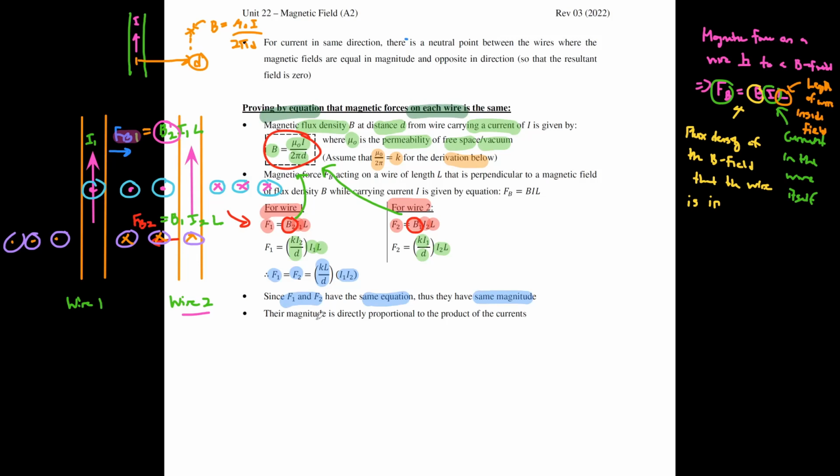The magnitude is directly proportional to the product of the currents. So this is a more long-winded way of proving that the magnitudes of the magnetic forces are going to be equal, even when the currents have different values. It will be much easier to just explain it using Newton's third law. Okay, so let's just do some questions from there.